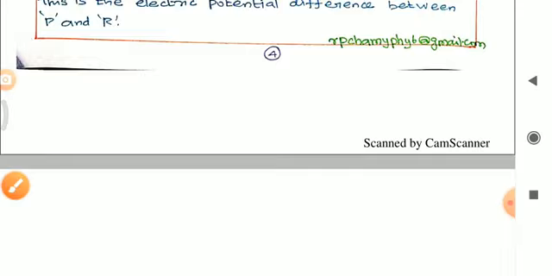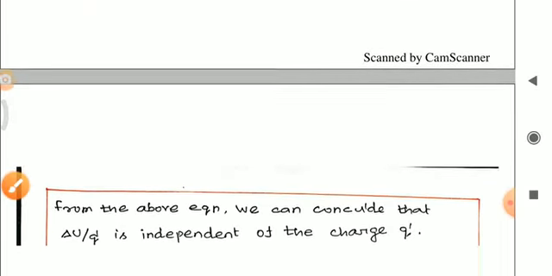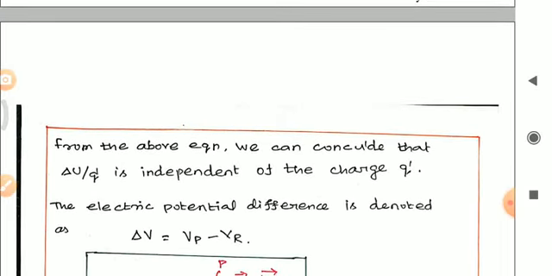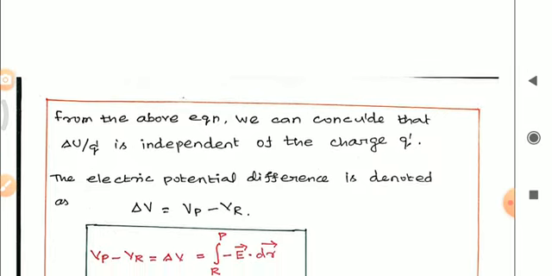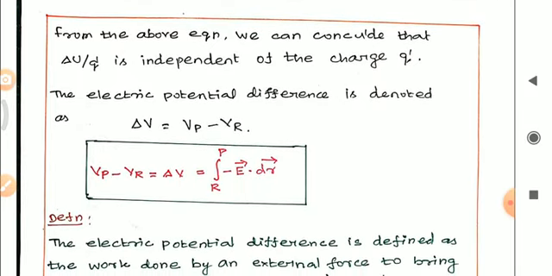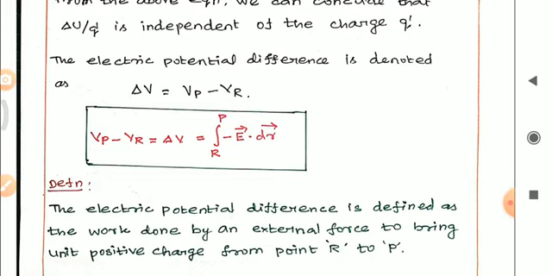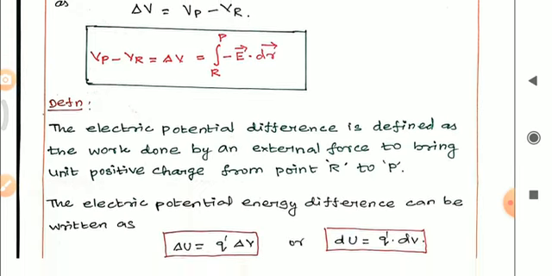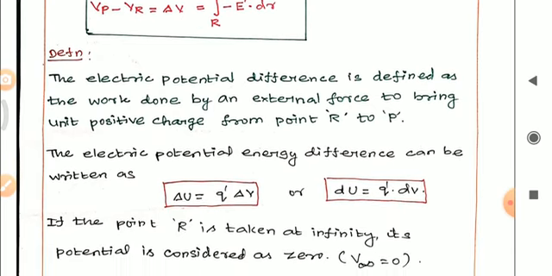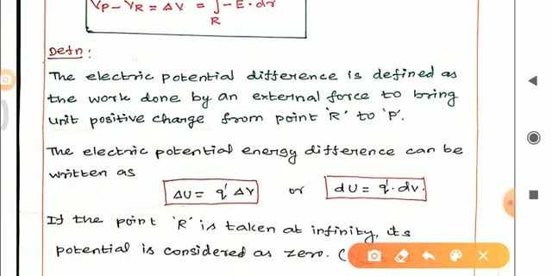Now we are going to discuss electric potential difference, sometimes denoted as electrostatic potential difference. If they ask you to define potential difference, you have to write this definition only. What is the definition?